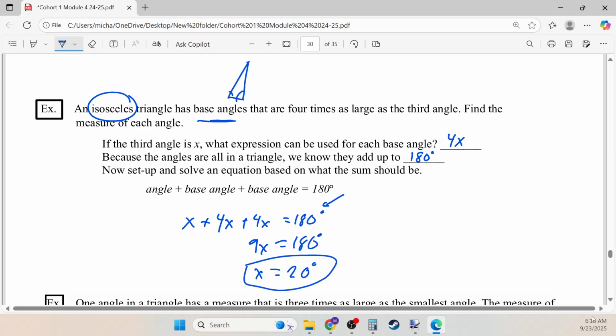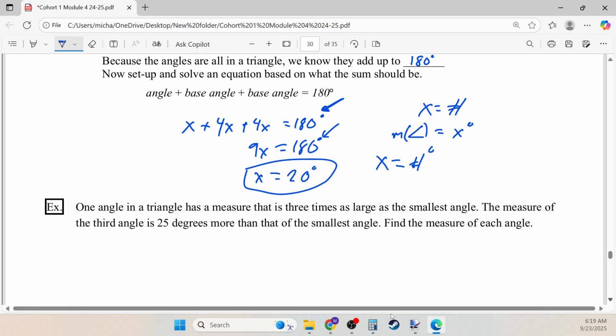Now, do you have to put the degrees here in the equation? It depends. If you have degrees here, then you should carry it all the way through, and your variable will equal some number of degrees. If you don't put the degrees in here, then your variable is going to equal some number, but the angle that the x is representing, that angle measure is equal to x degrees.